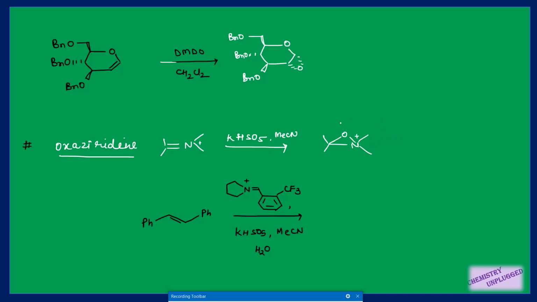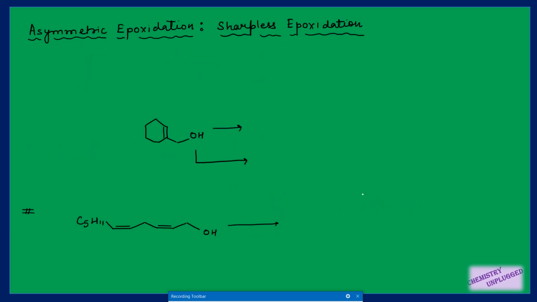Then it will attack on the double bond to give you the epoxide, right? So simply you have to recognize that we have here an iminium salt and KHSO5, so we can do epoxidation here. We have here an E alkene, so it will give me the E epoxide, right? So these things are very, very easy, but you should revise them, right? Then we will move to asymmetric epoxidation, the Sharpless epoxidation reaction.